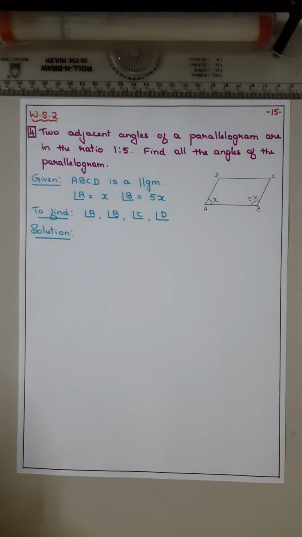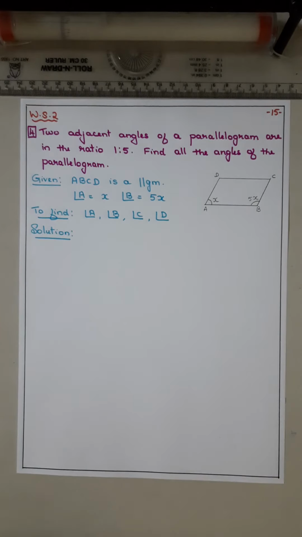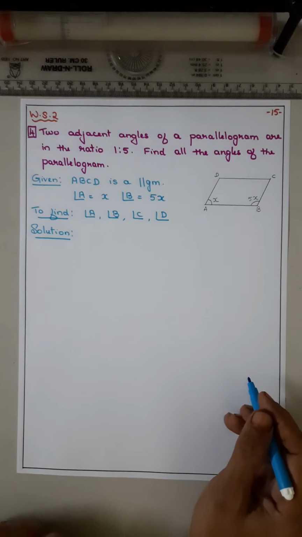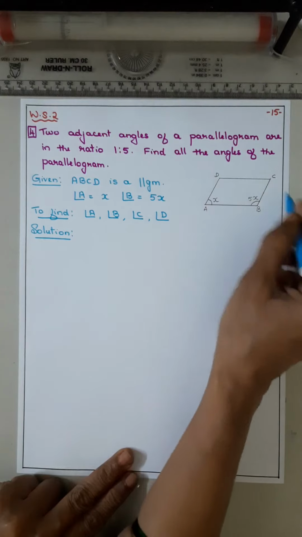Two adjacent angles of a parallelogram are in the ratio 1:5. Find all the angles of the parallelogram. It is the angle, not the sides. You should take care, okay? Read the question properly. So, draw the figure.